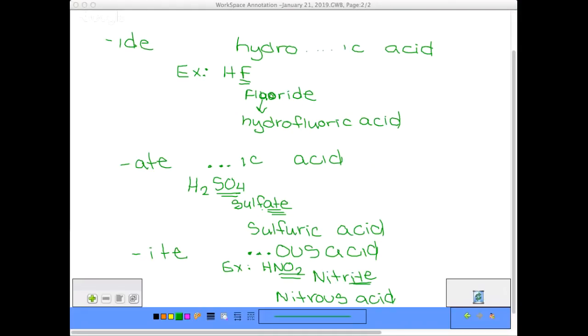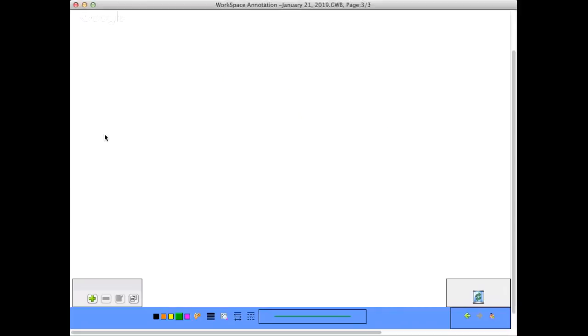So let's just look at a couple different other ones. And let's say that we're going from the name to the formula. So let's say that we have hydroiodic acid.